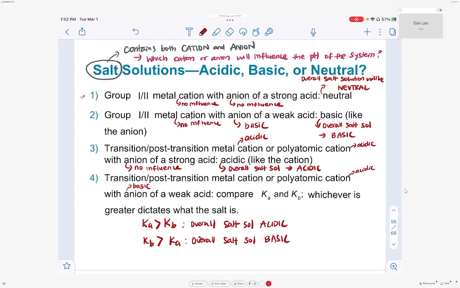Let me know when you guys are done. Are you going to be uploading the written notes to Canvas for chapter 16? Yeah, once I'm done with the chapter.